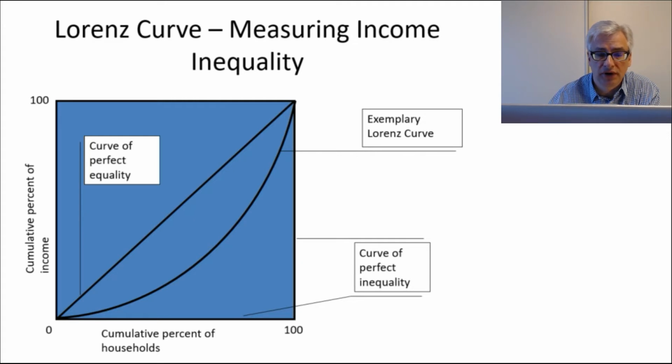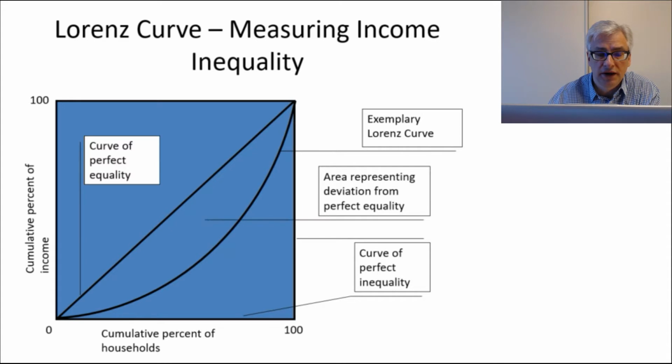So here you have an exemplary Lorenz curve, and you also see the area that represents deviation from perfect equality. The more unequal the income distribution, the bigger this area.